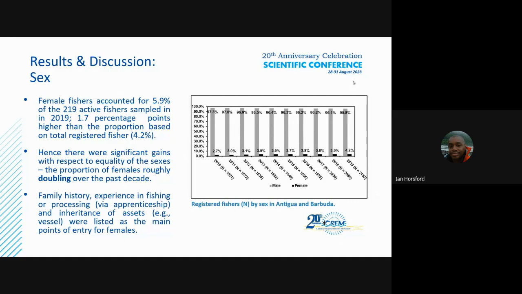Or the issues that they mentioned that were barriers, particularly if your parents weren't involved in fishing, were, say, for instance, the security on a fishing vessel in the context of this male-dominated sector.